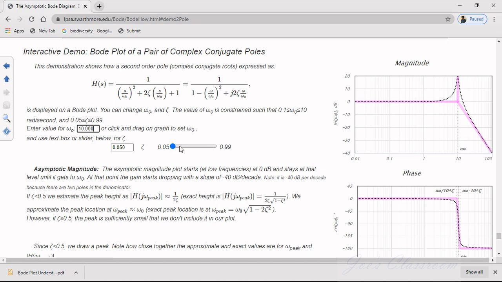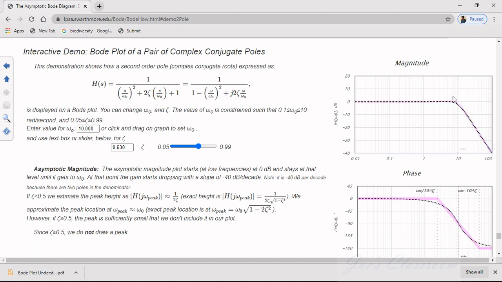Now let us increase the theta value and see what happens to the magnitude plot and the phase plot. See, the resonant peak of the system has come down. As I increase the theta value, you can observe that the resonant peak varies with respect to theta value. As the resonant peak varies with the theta value, the error between the asymptotic plot and the exact plot also varies at the corner frequency.